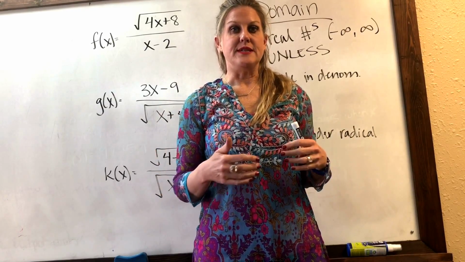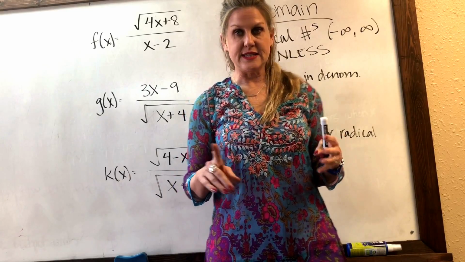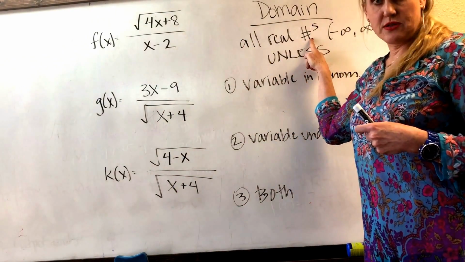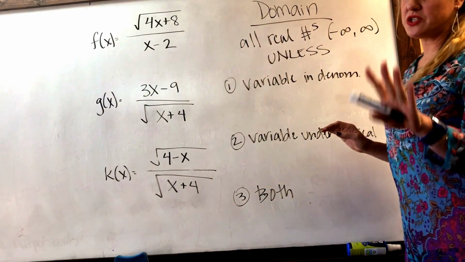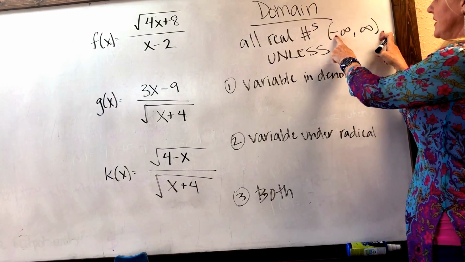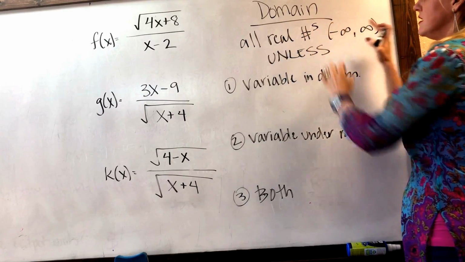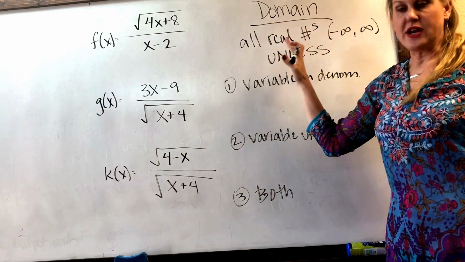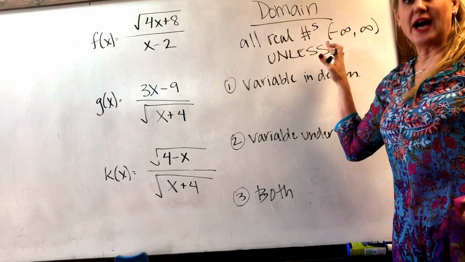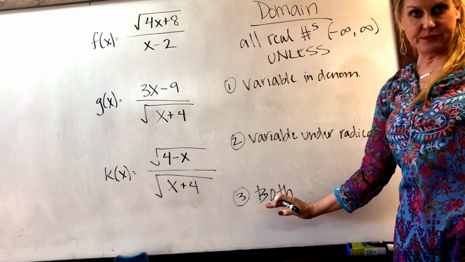So for your purposes, the domain of a function is all real numbers, which in interval notation, which is very important, is negative infinity to positive infinity with curved parentheses. The domain of your functions for now is all real numbers unless one of three things happens.